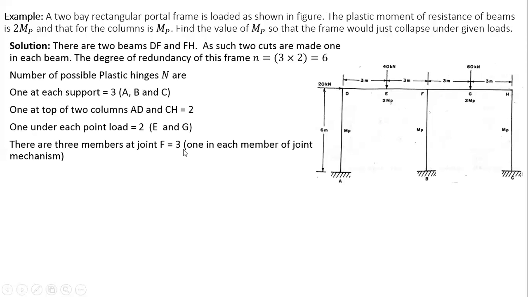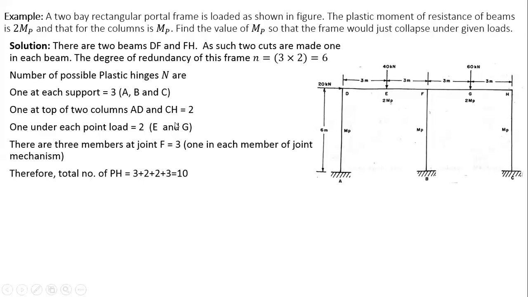So in case of a joint mechanism, one hinge is formed in each member of the joint. One hinge is formed here, another here, and a third one here. So at joint F we have 3 plastic hinges, one in each member of the joint.